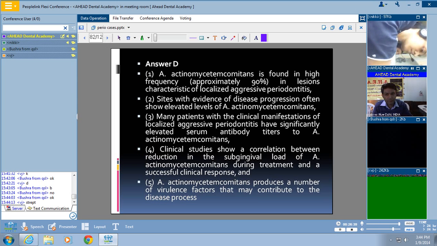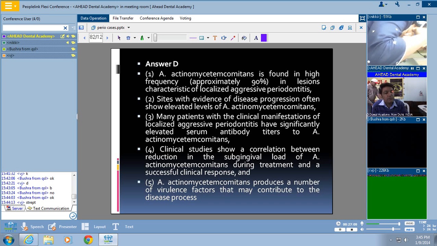Leukotoxins being stopped is not correct. A. actinomycetemcomitans is found in higher frequency, approximately 90%, in lesions characteristic of LAP. Sites with evidence of disease progression often show elevated levels of AA. Many patients with clinical manifestations of LAP have significantly elevated serum antibody titers to AA, and clinical studies show a correlation between the reduction in the subgingival load of AA during treatment and a successful clinical response.